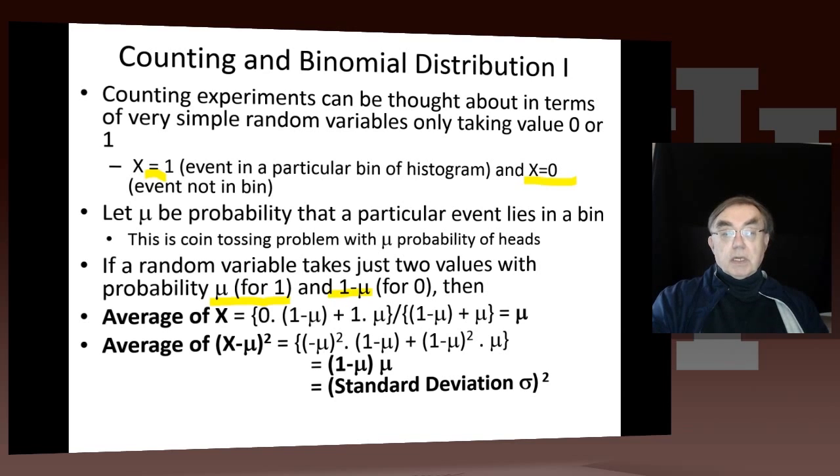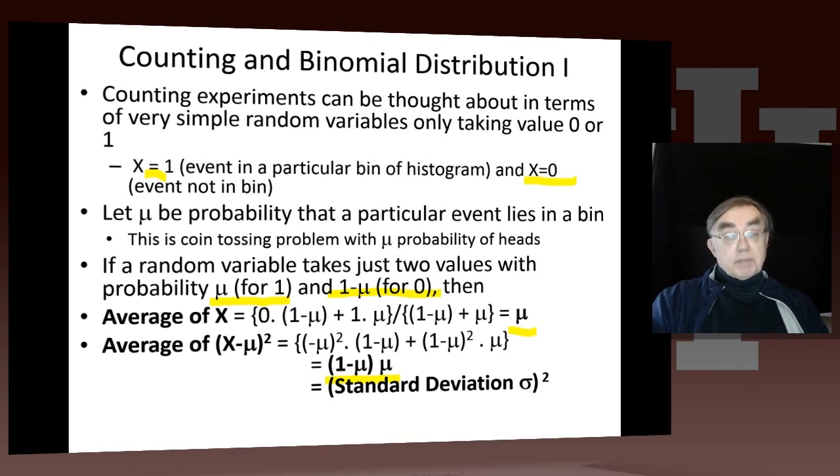And we can easily calculate that the average value of x is mu, and the standard deviation is the square root of the average value of (x minus mu) squared. So the standard deviation squared is trivially calculated to be 1 minus mu, times mu.